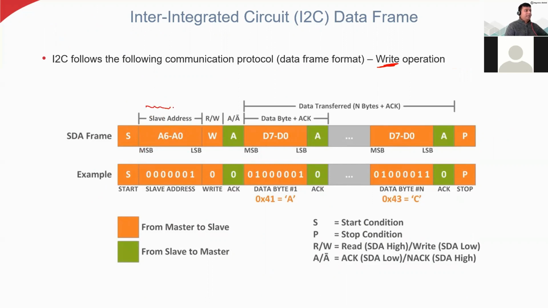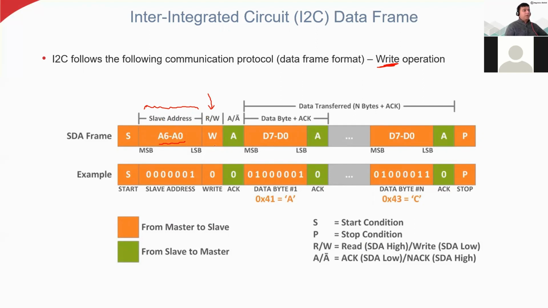You should know which slave you are going to transfer the data to, and at which address you are going to store the data. So this is the slave address, and you have to tell whether it is a read operation or a write operation. For example, these are the slave registers A0 to A6, and you are going to write the data into this slave address.